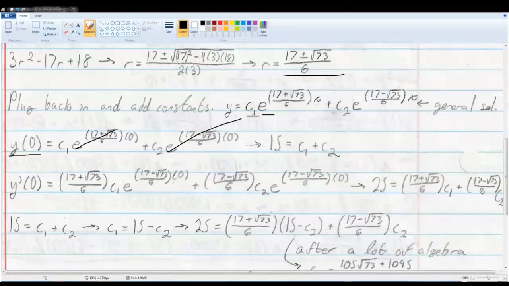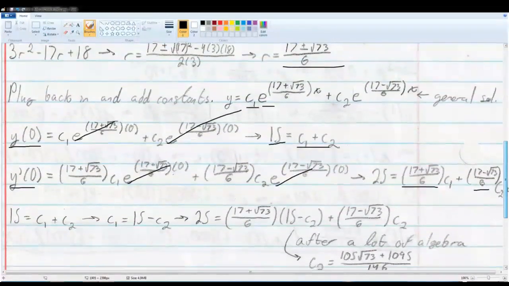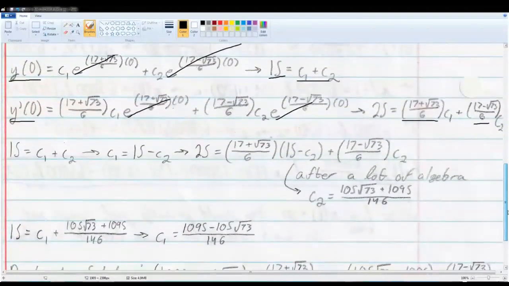So that goes away, and we have whatever y at 0 is equals c1 plus c2, and we take the derivative. So r comes out, but e again cancels out. And so we have 25, that's my y'(0), equals, again, the two roots times the two constants. We have a system of equations we can plug in and solve.